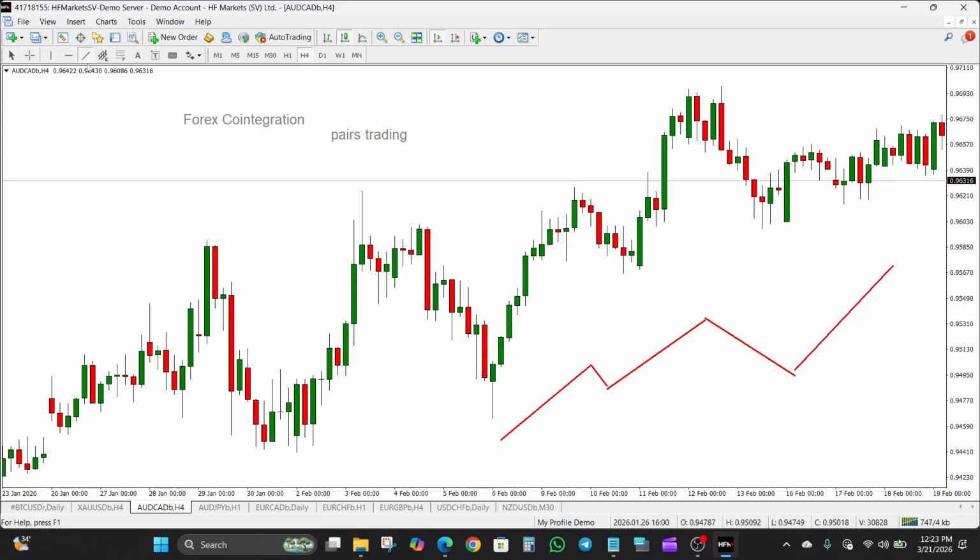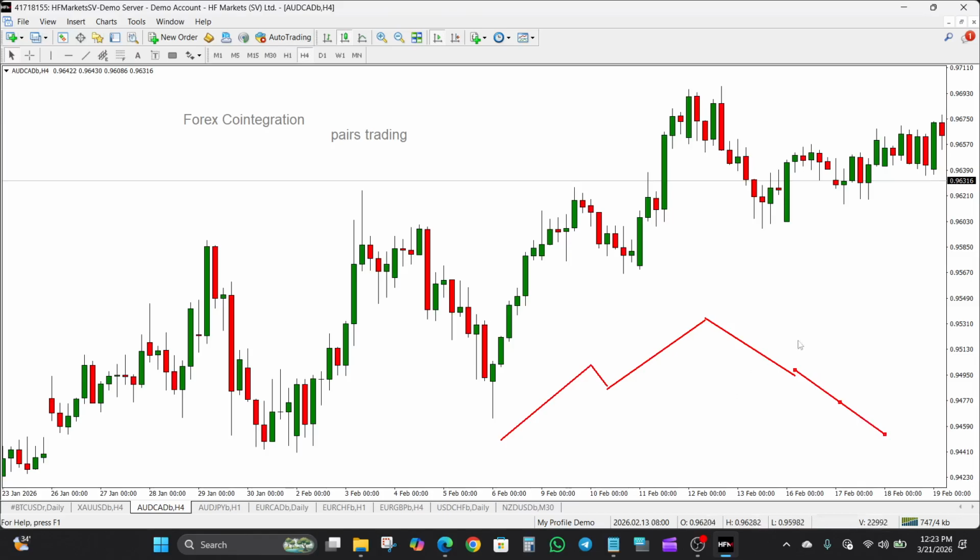Let's assume that instead of going this way, perhaps the pair declined further. Let's assume this and this are two different pairs. This particular currency pair and this are two different. So even at this point, when this one was still going up, this one started going down. So that's what we're talking about, that one suddenly diverged.